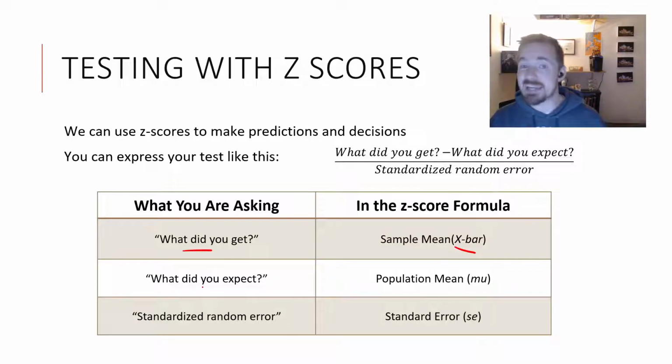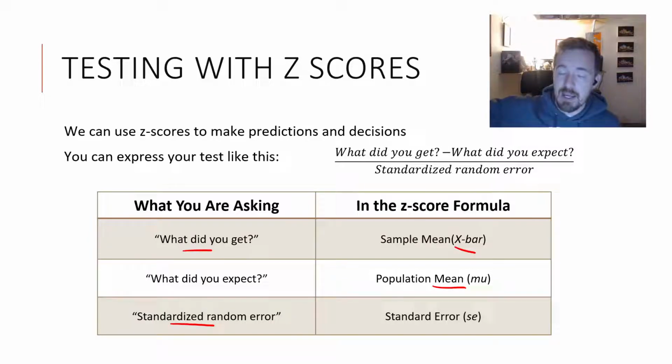We're going to look at what we expected to find. We have to have our mean for the population to do that. And then we're going to look at the random variability in our data, and that's going to be the standard error. So, in other words, what we are trying to test is what did we get, what did we expect, and how does that compare when we factor in the random variability?